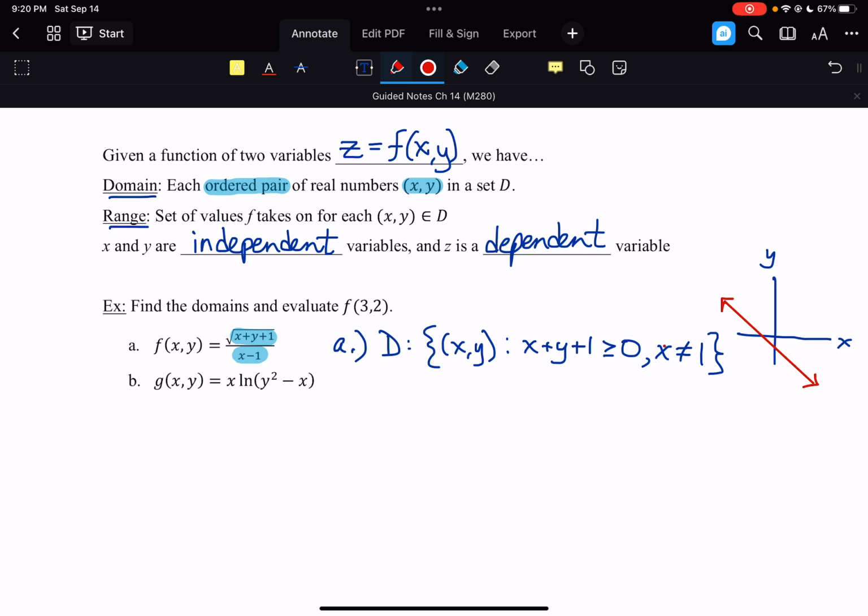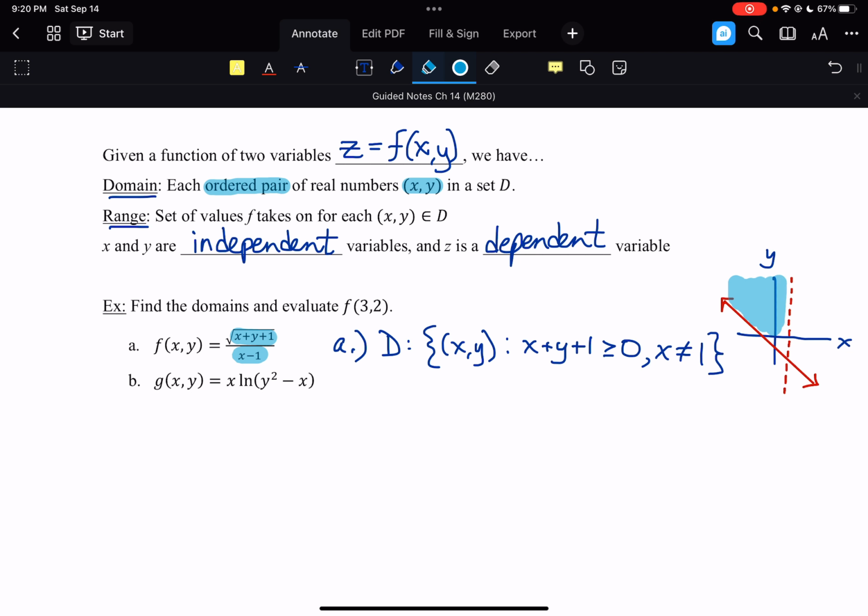And then this one would give us a vertical line, but because it's not equal to, we need to exclude it. So x equals 1 would be right about here. So the domain is x plus y plus 1 greater than or equal to 0. If we look at what side of this line that would fall on, it would be up here.